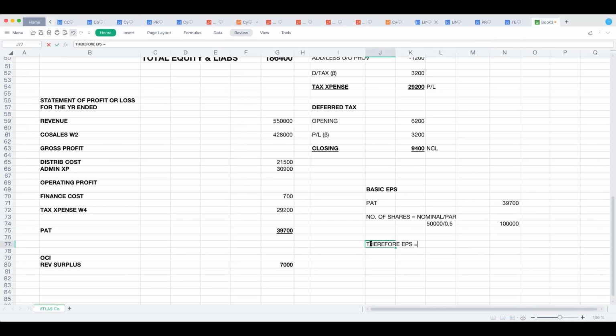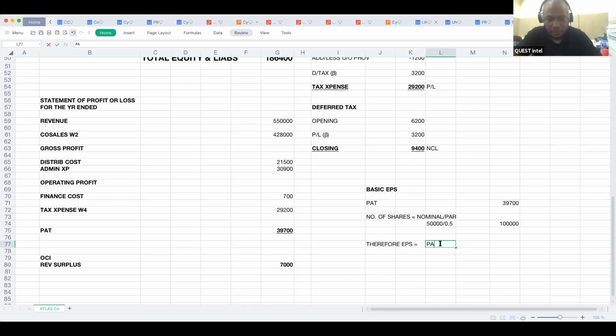And then therefore, EPS is equal to our profit after tax divided by number of shares. And that's all.